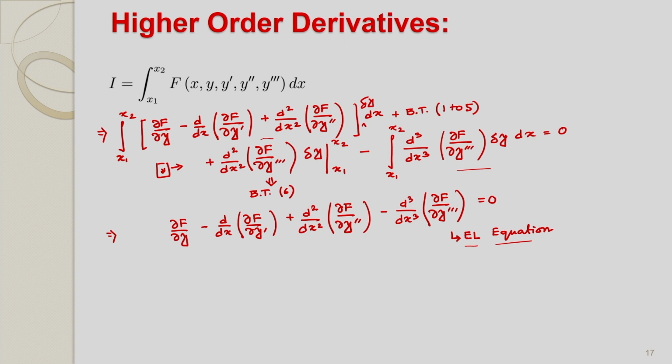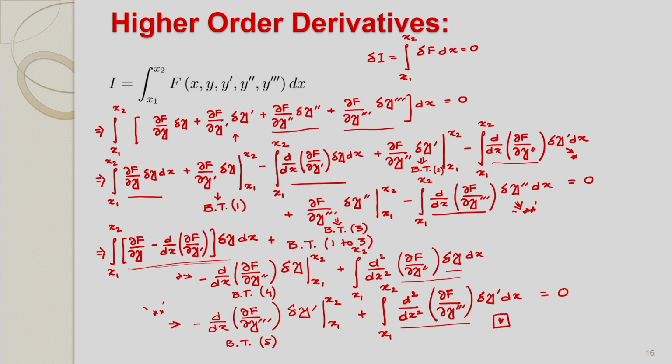So, boundary terms 1, 4 and 6, all of them have delta y. So, they will be combined.